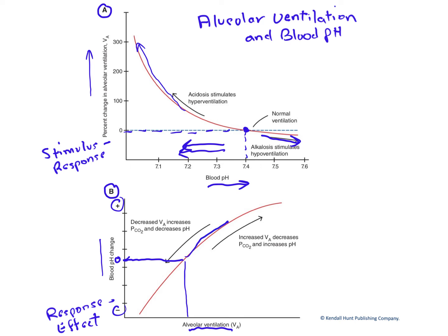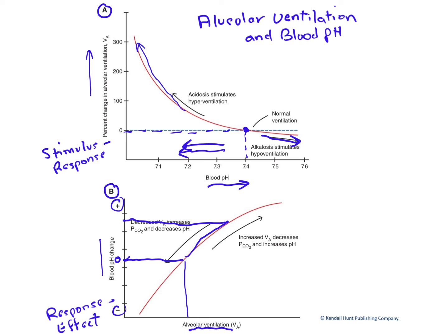That means we have less CO2 remaining in the system to produce carbonic acid, and the blood pH is going to start to shift upwards. That makes sense. In response to a low pH challenge, we're ventilating faster, removing CO2 at a more rapid rate, decreasing the potential to produce carbonic acid and shifting the blood pH in the intended direction.